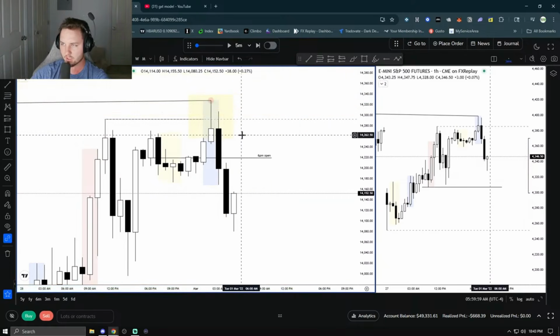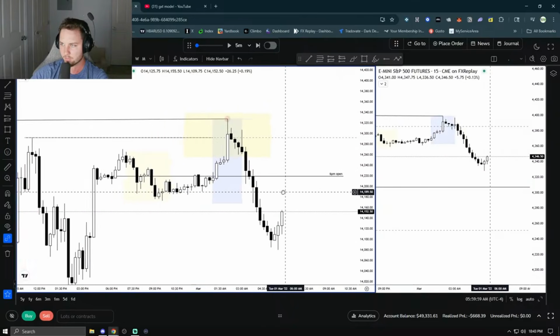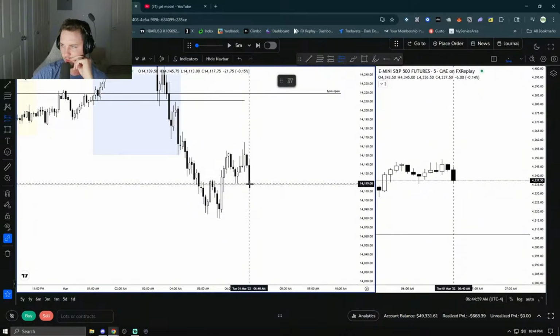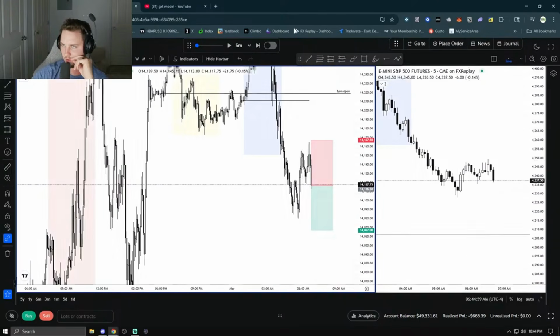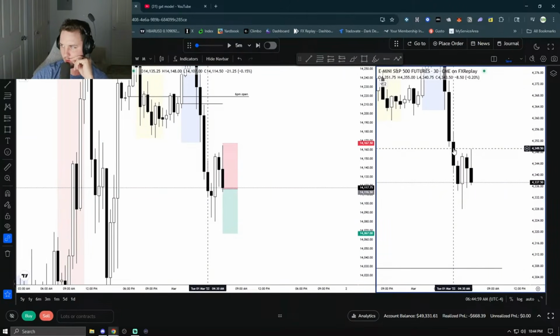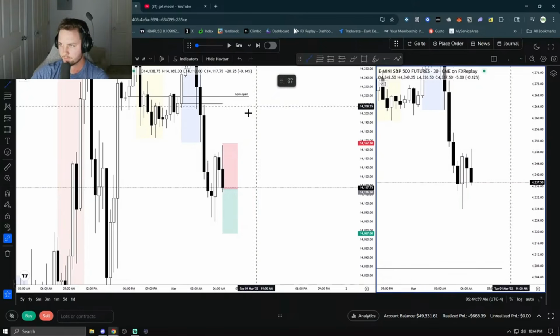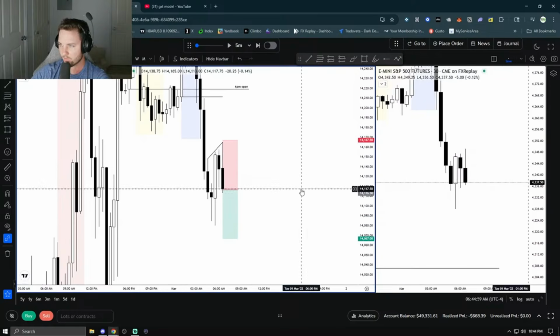Can trade away from this. We have a valid gap to trade away from. So we could probably do 30-minute, SMT inside of a gap.